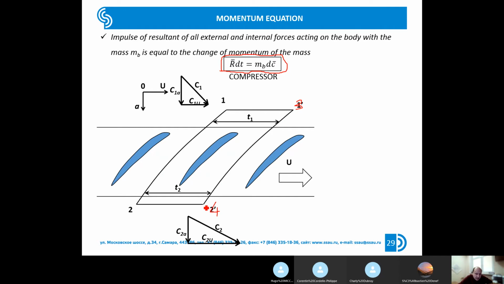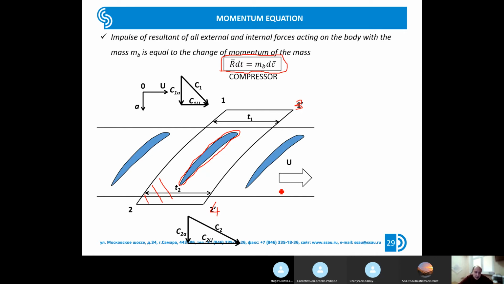So let's investigate the flow inside the figure 1, 2, 4, 3. We investigate the flow inside this figure, and we do not take the blades into account because we are investigating only the flow. We extract this volume, and of course we need to replace the action of the environment by the action of forces to keep the flow at the same conditions.